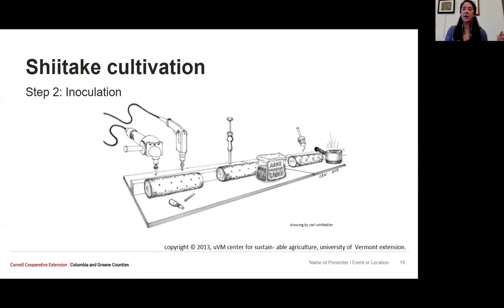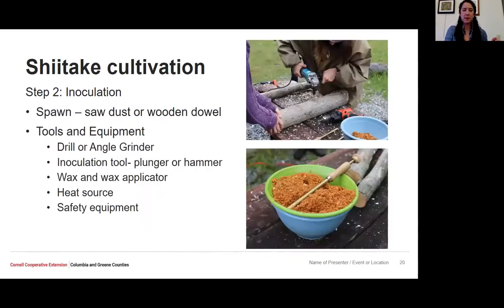The first one is creating those holes in your wood. The second stage is using a tool called an inoculator to put that spawn in the hole. And then the third and final step is heating up that wax and sealing the log up. So we're going to dive into what that really means.